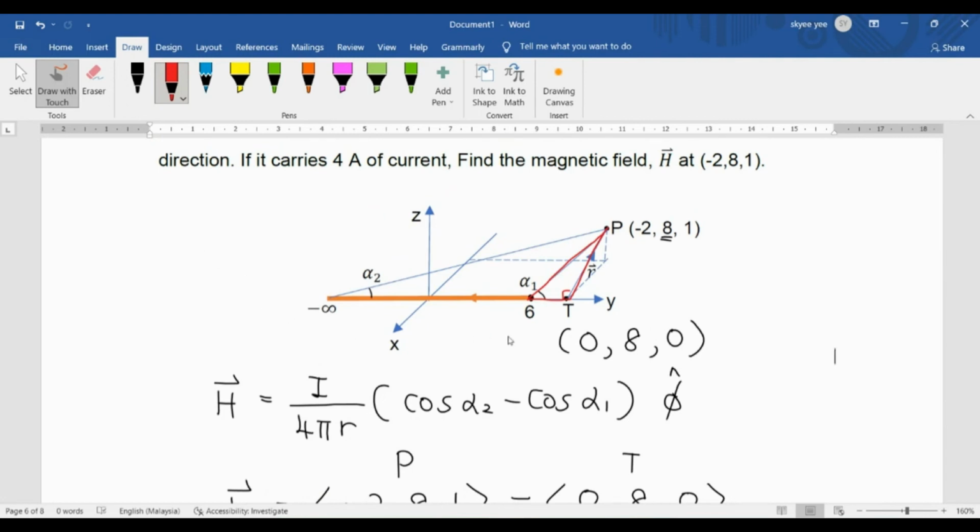I think there is a mistake over here. The alpha 1 should be here. This one should be point A because it has smaller value. Point B should be here.